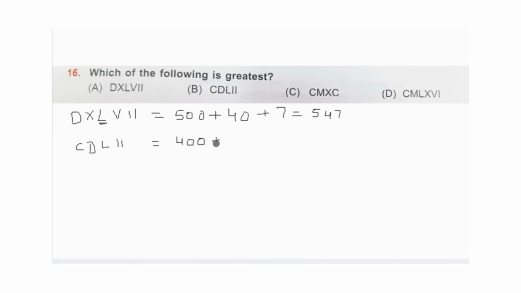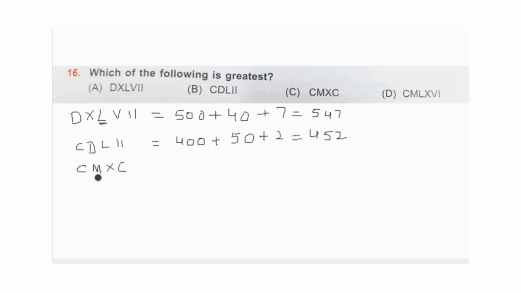Plus L is going to be 50, and then you have 1 plus 1, which is 2, and the number is going to be 452.